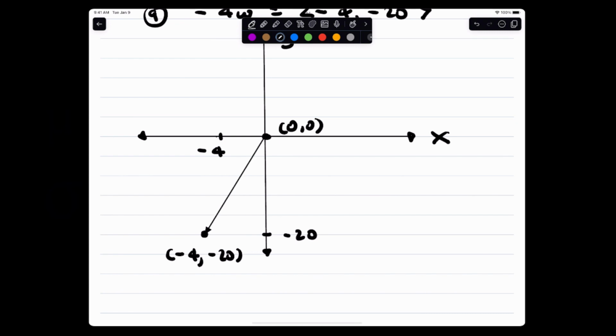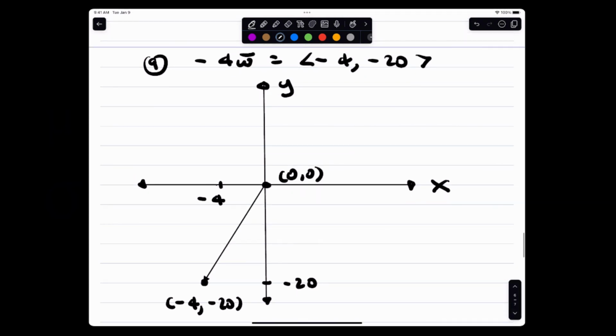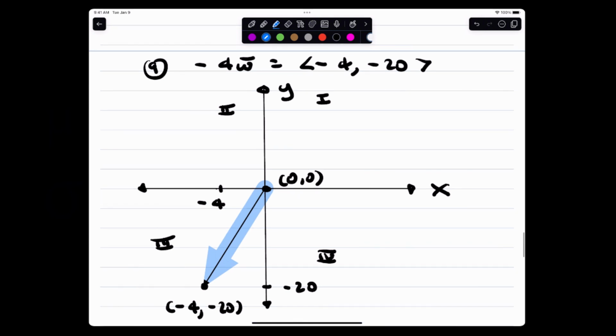There's your vector. It's in quadrant 3. Okay, you guys okay with that? Maybe I have to highlight it in blue. Okay, you guys good with that?